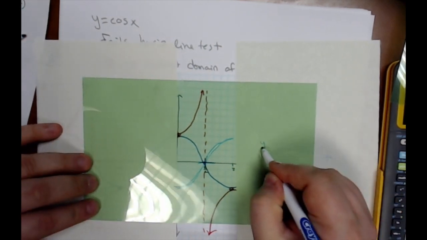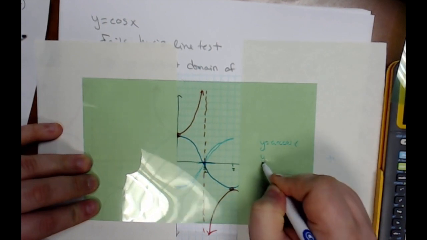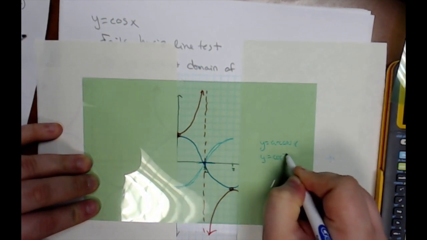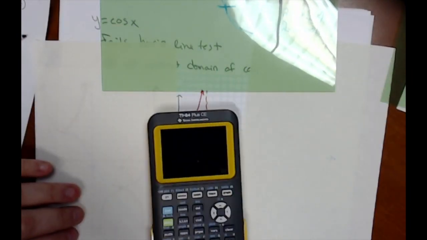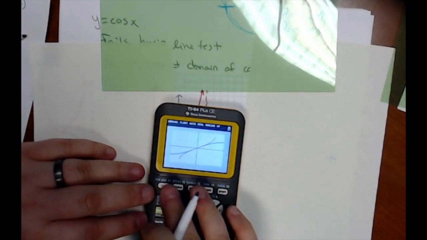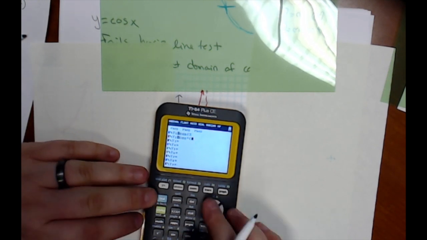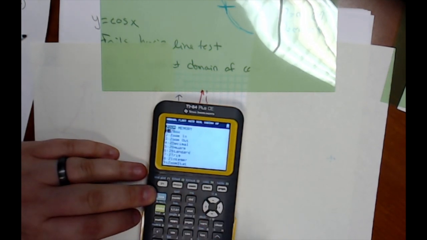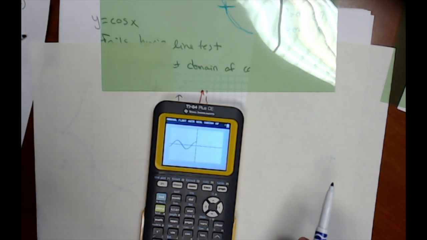And that is our y equals arc cosine of x, or y equals cosine inverse of x. And just like we had with our sine, if we have cosine of x and arc cosine, I'll go back to trig. So we have our cosine that looks like this. And you're like, wait a minute.